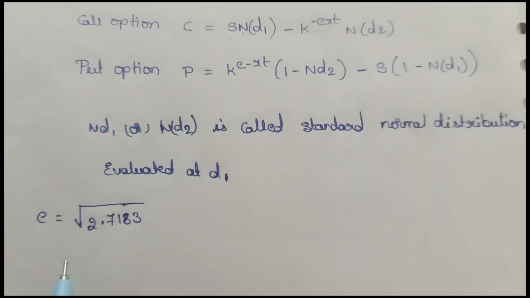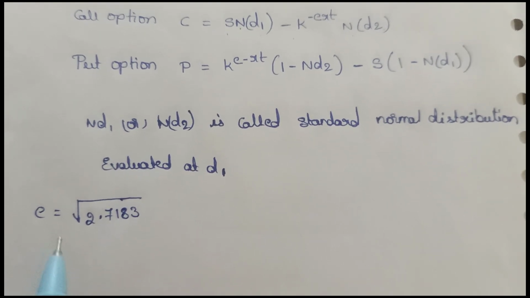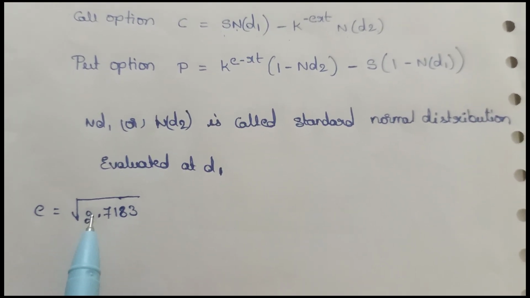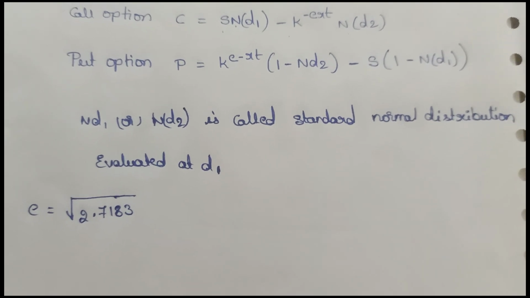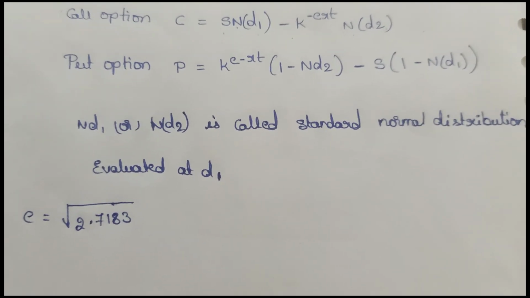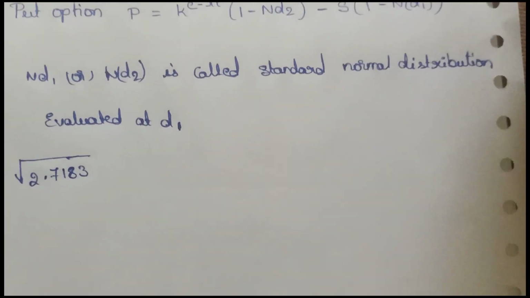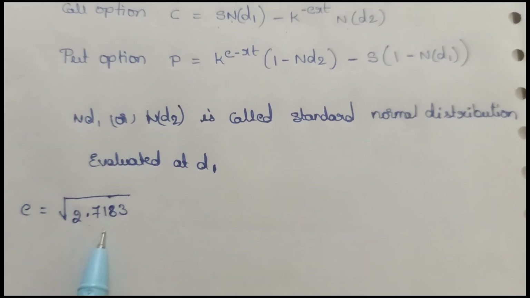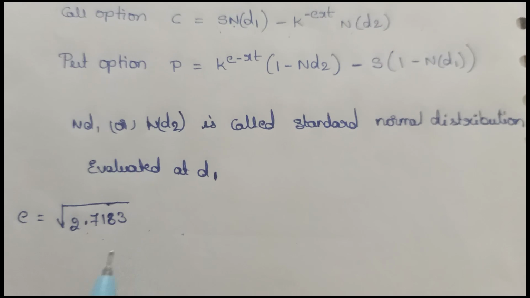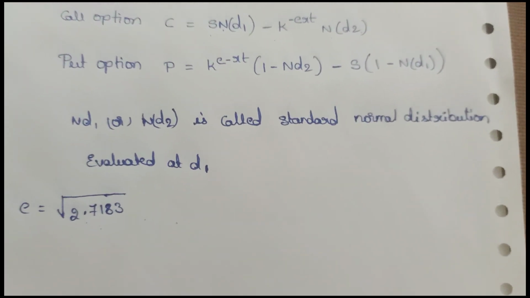You have to remember this value. This is the constant value, and there is no change for this value. When we calculate d1 or d2, this value is very important. Okay, now let us go to step 3.